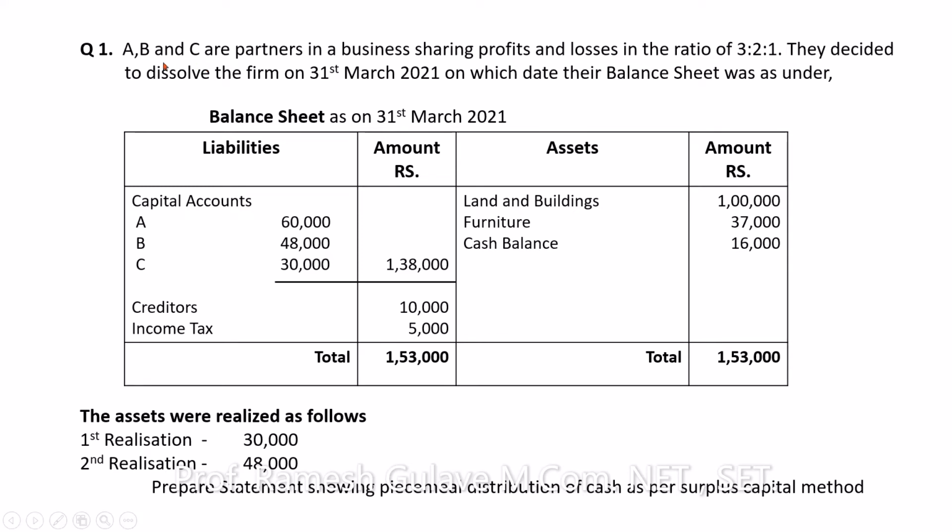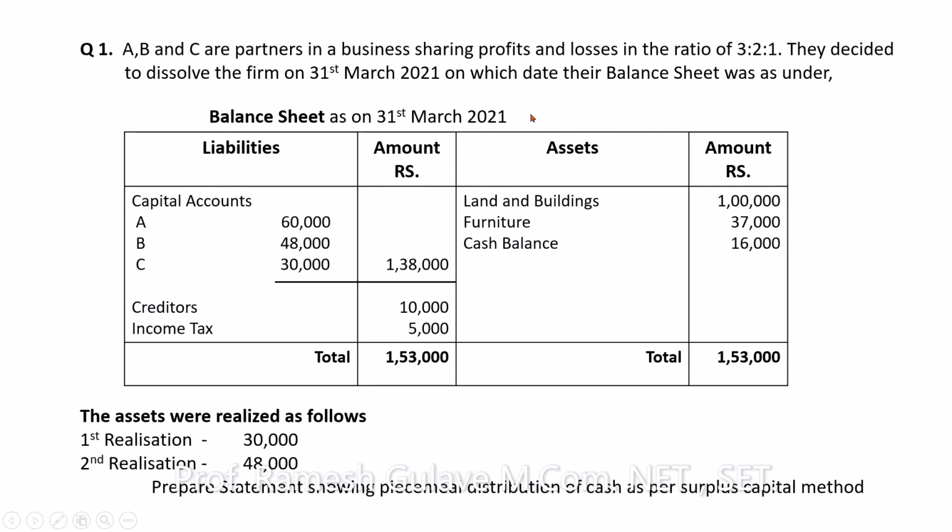The question says A, B and C are partners in a business sharing profits and losses in the ratio of 3:2:1. They decided to dissolve the firm on 31st March 2021, on which date their balance sheet was as under.